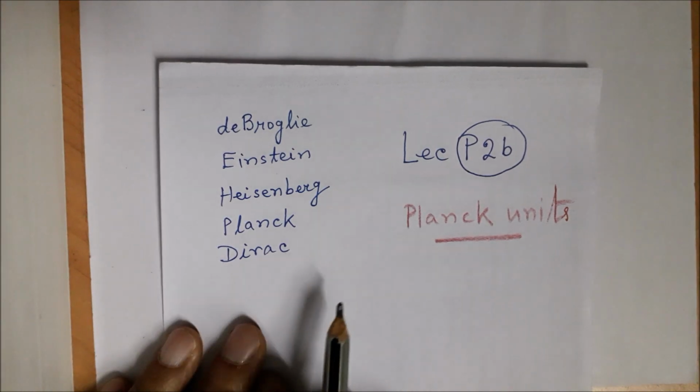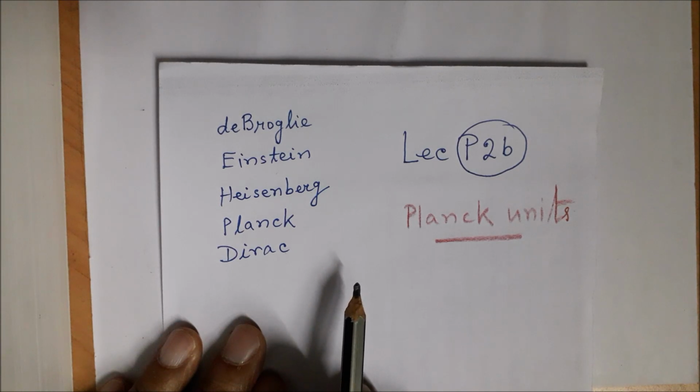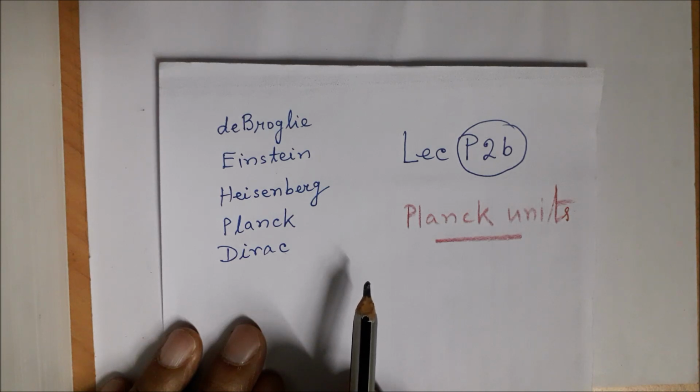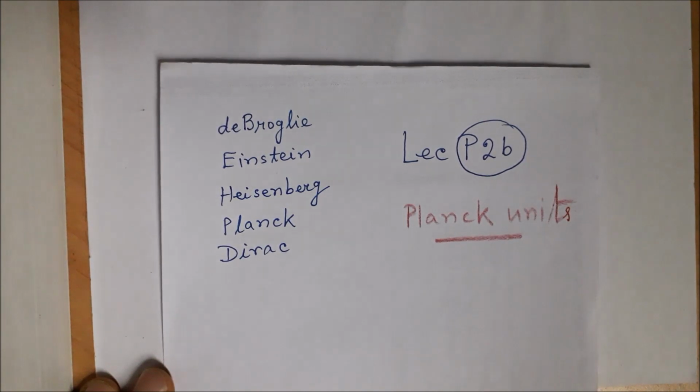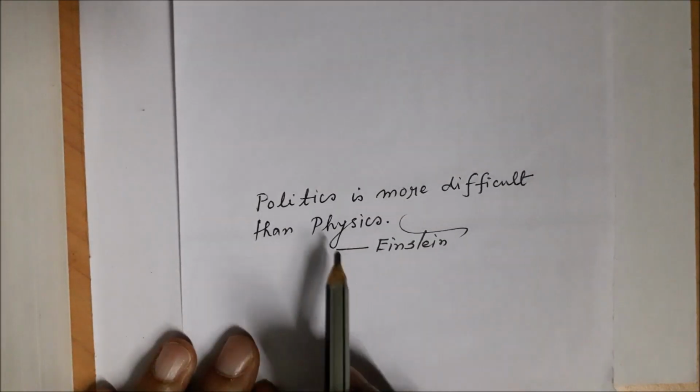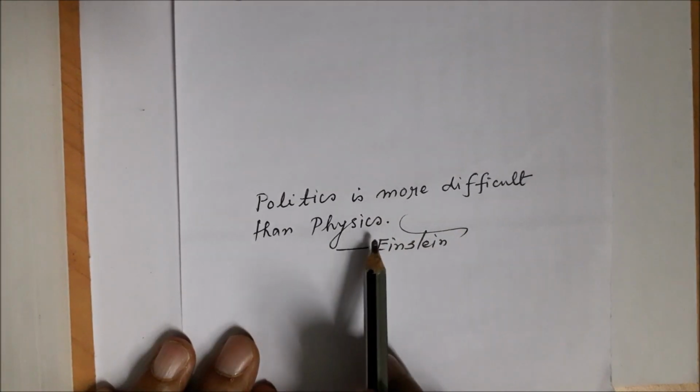Clark asked Einstein, why was it that the human mind could discover the atom but failed to discover ways to keep the atom from destroying humans? Einstein replied promptly, that is simple, my friend. It is because politics is more difficult than physics.